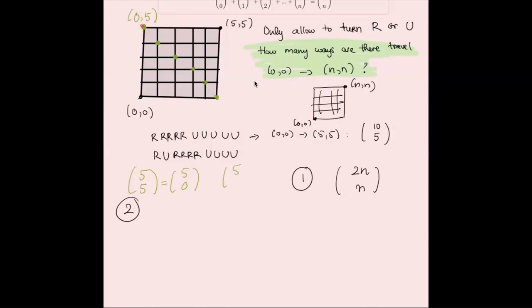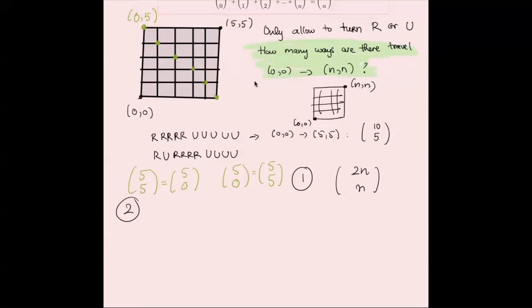Again, I will have to go 5 steps to reach from here to here. And then I can choose 0 spots to go up. Or it is the same as I chose 5 spots to go right. So that is the first point.